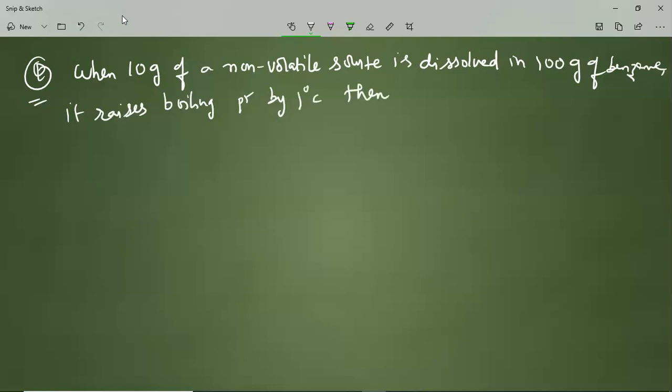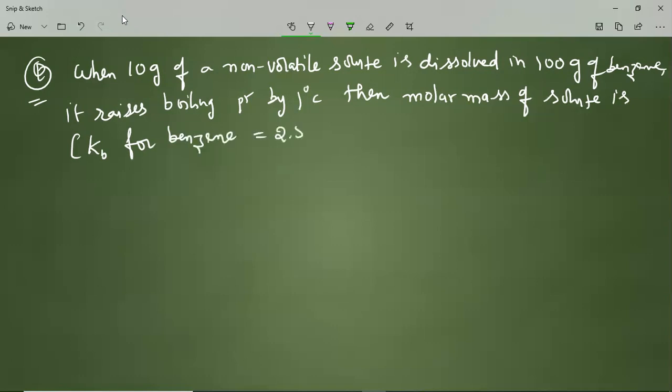Then the molar mass of the solute is, in brackets they have given Kb for benzene, that is equal to 2.53 Kelvin per molality. Okay, we have options.